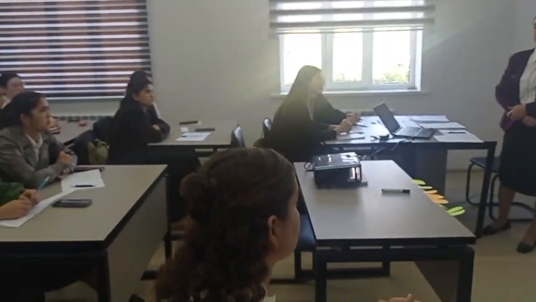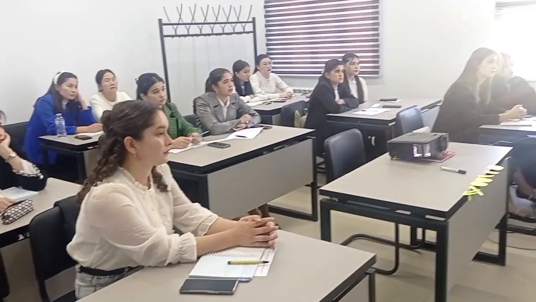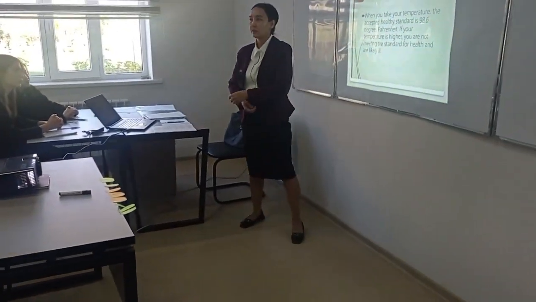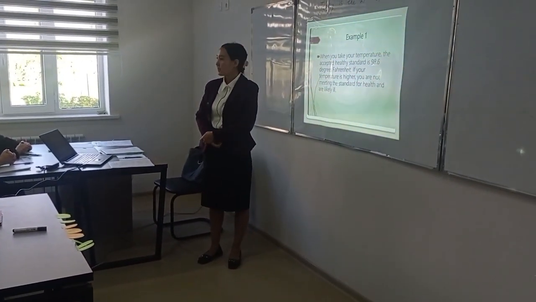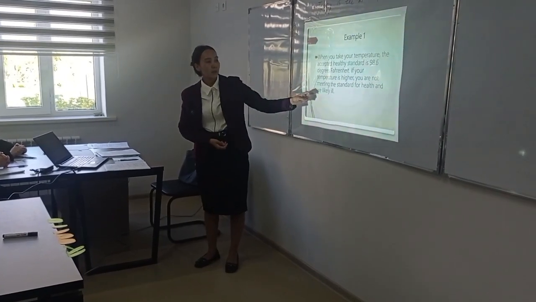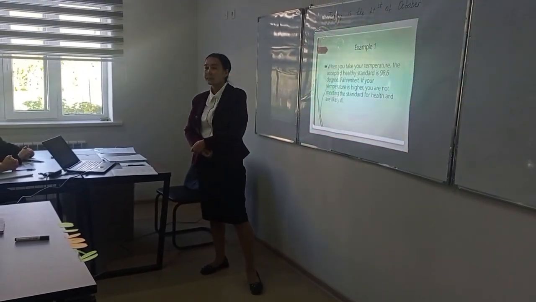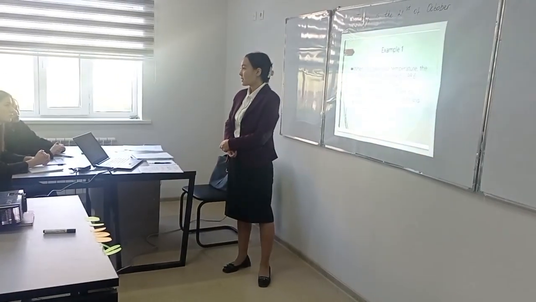Here is an example of criterion reference assessment. When you take your temperature, the accepted healthy standard is 98.6 degrees Fahrenheit, not Celsius. If your temperature is higher than 98.6, you are not meeting the standard for health, and you are likely ill, because normal body temperature is accepted as 98.6 degrees Fahrenheit.